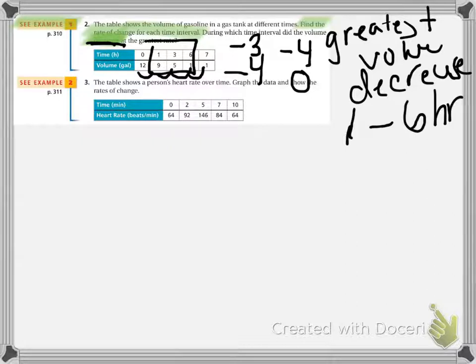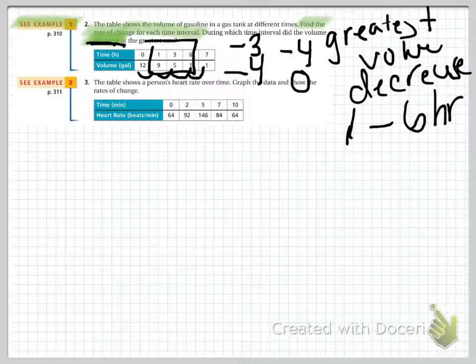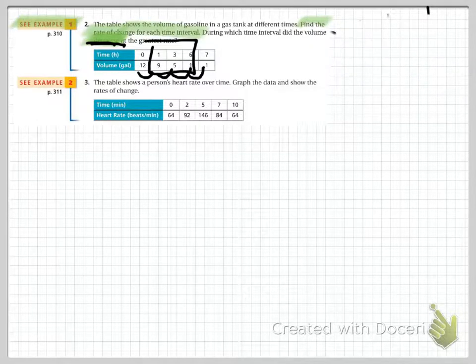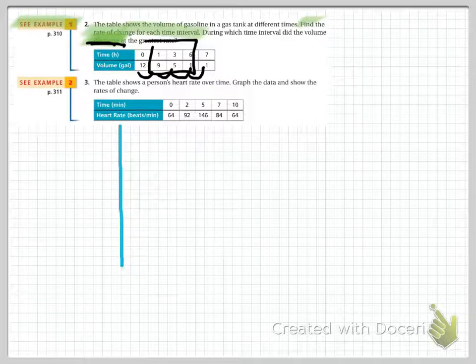Let's do number 3. Need some graph paper for this one. It says, the table shows a person's heart rate over time. Graph the data to show the rates of change. We've got some pretty big numbers going on here, but they're all positive. So I'm only going to draw the first quadrant of my graph.